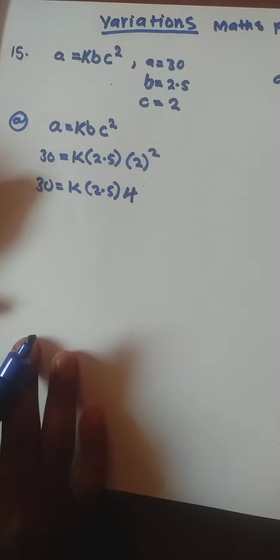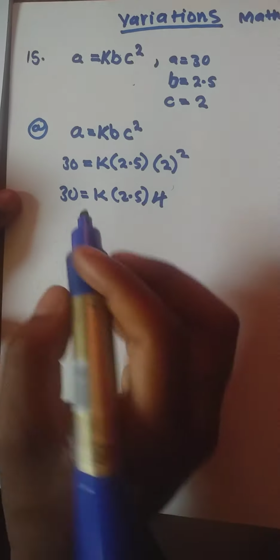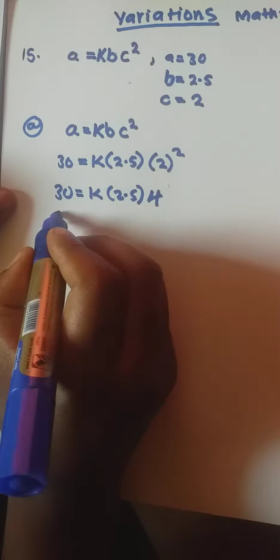We know that 2 to the power 2 means 2 times 2, which is 4. Then further we can say 30 is equal to 12K, and then we multiply 2.5 times 4. So 4 times 5 is 20.